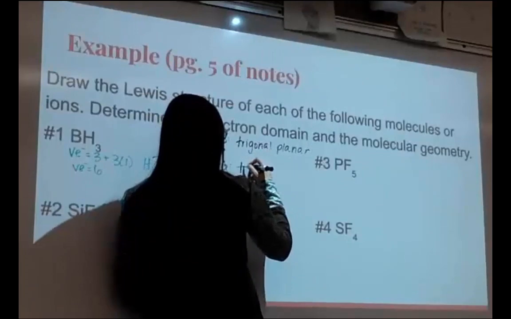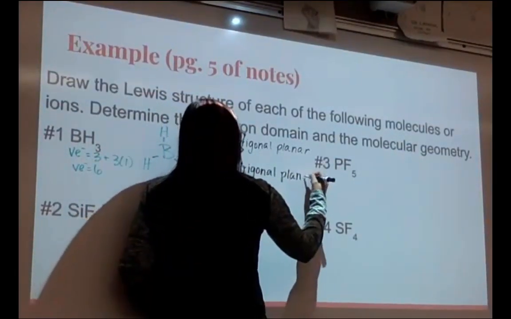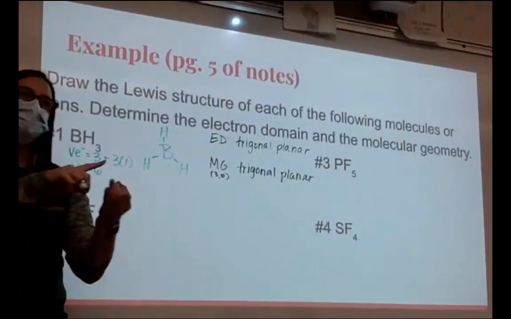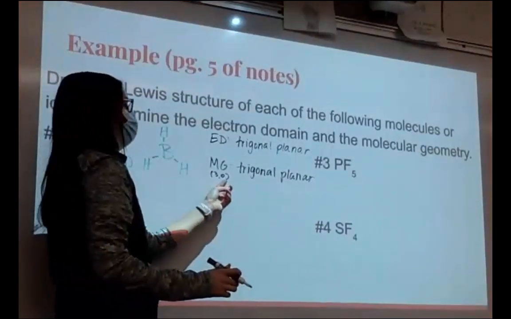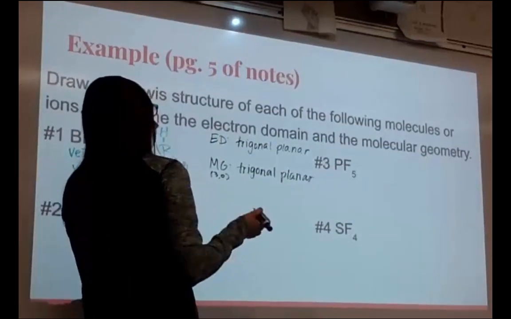Trigonal planar, right? They could be the same thing. The fundamental shapes are the ones with 2, 0; 3, 0; 4, 0; 5, 0; 6, 0. All right, so no lone pairs. That's what that means.